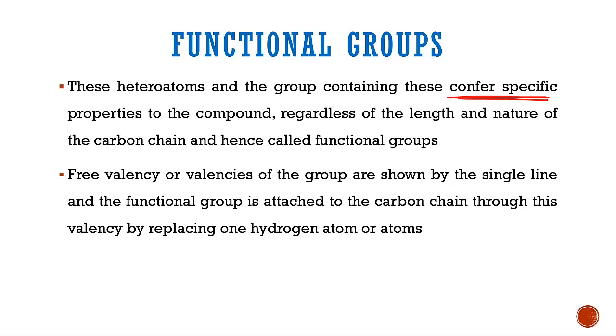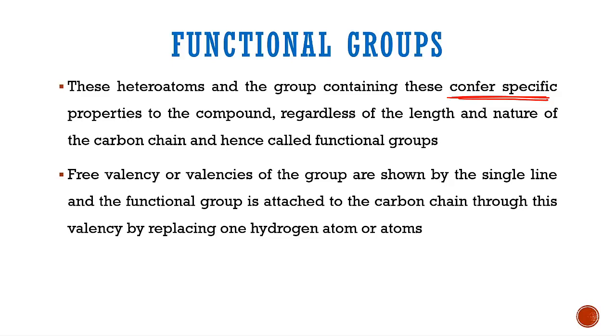That is, their property will change because we have added something to that, regardless of the length and the nature of the carbon chain. That is, it may be branched, it may be straight, or it may be cyclic. But when you attach a heteroatom to a carbon chain, then its basic chemical properties will change, and hence they are called functional groups.